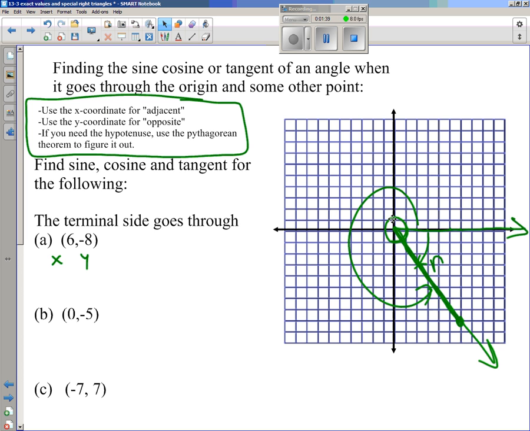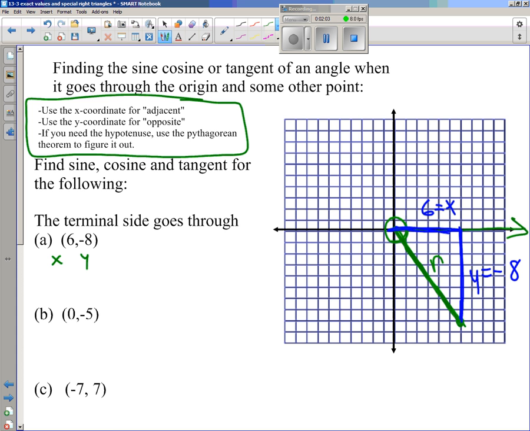That's the distance from the origin to the point in the problem. So we have x is 6, y is -8, and r we don't know, but we can use the Pythagorean theorem.